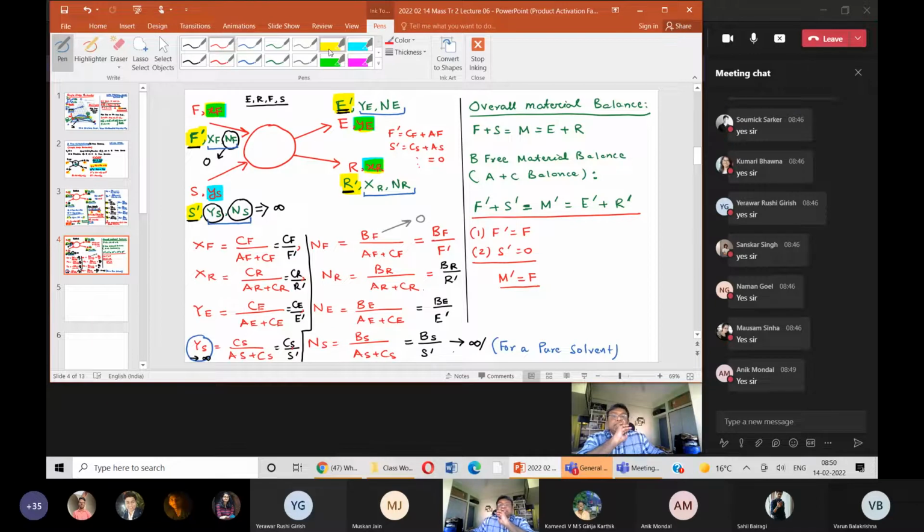This is clear to all of you? This particular thing comes from this balance. Is it clear to all of you? Why is this important? Because F is a physically measurable quantity.